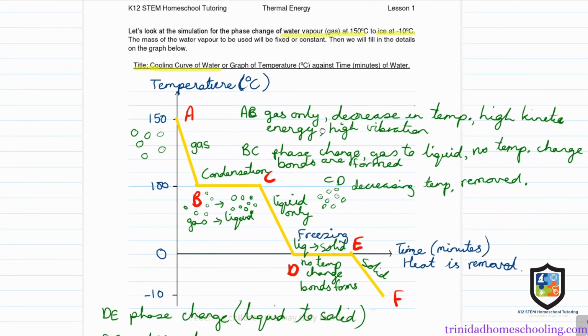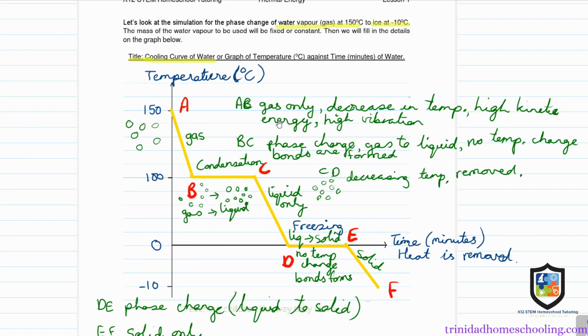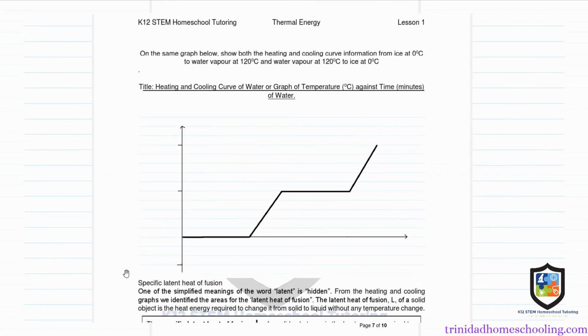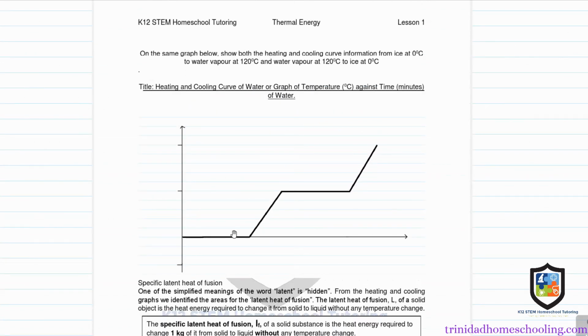And then we will merge both graphs, the cooling curve and the heating curve, on page 7 on this graph here. Questions that you will get will most likely look like this graph. So do you notice there is no negative value here? We start directly at 0 degrees Celsius. So the lab that we will be looking at will start at ice at 0 degrees Celsius.